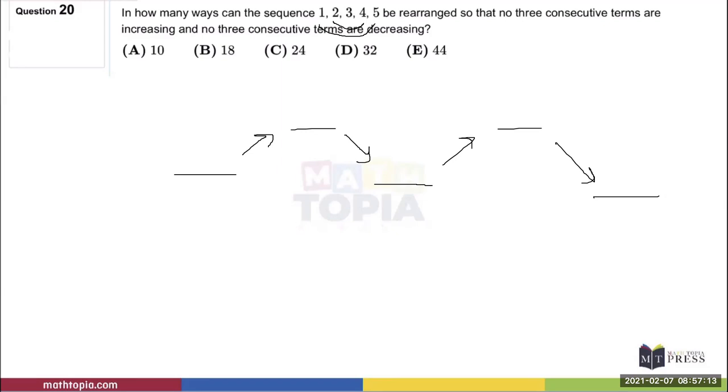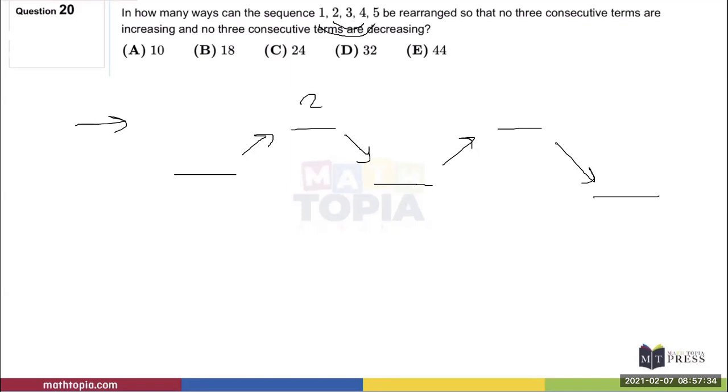Like we can't have 1 or 2 be the top number, right? If we have 1 be one of these two top numbers, then we couldn't have any number below 1 that's less than 1. So 1 doesn't work as one of the numbers on these upper 2 here, right? We can't have 2 either, right?